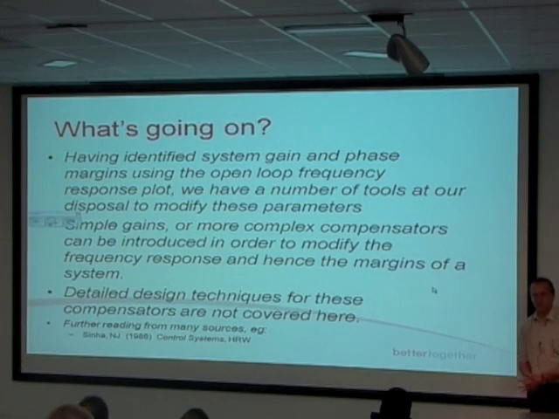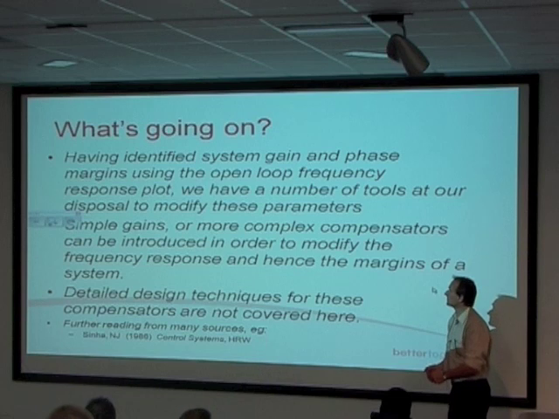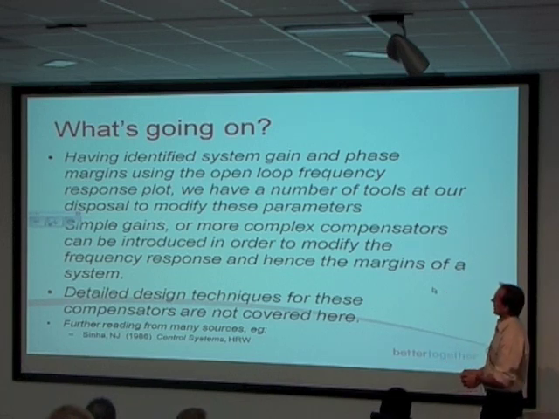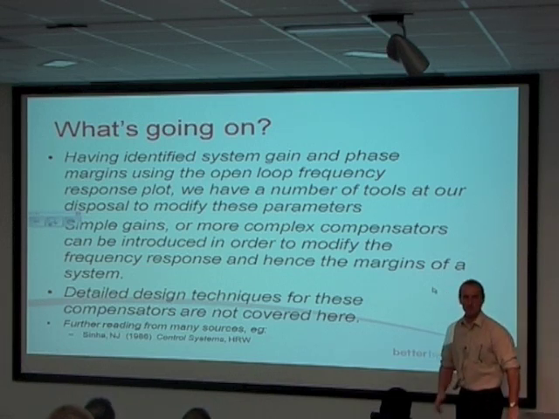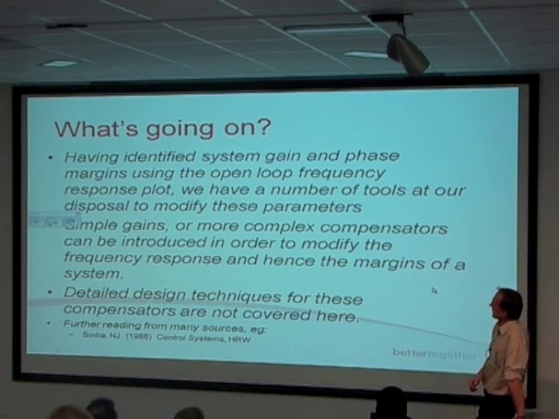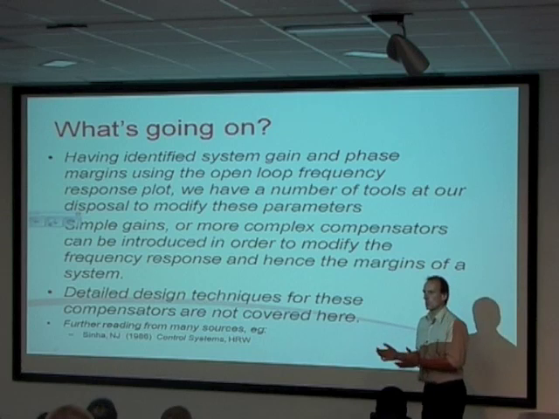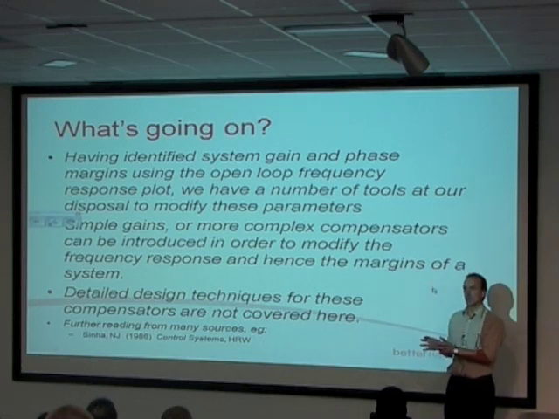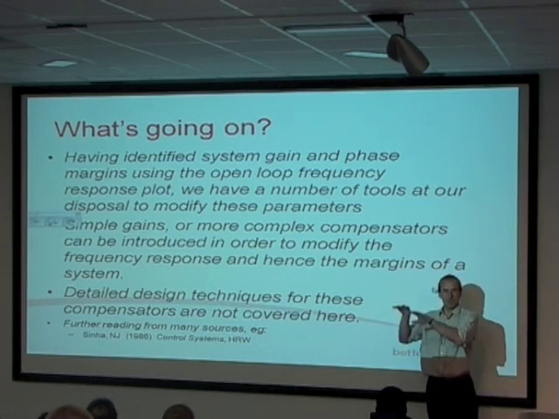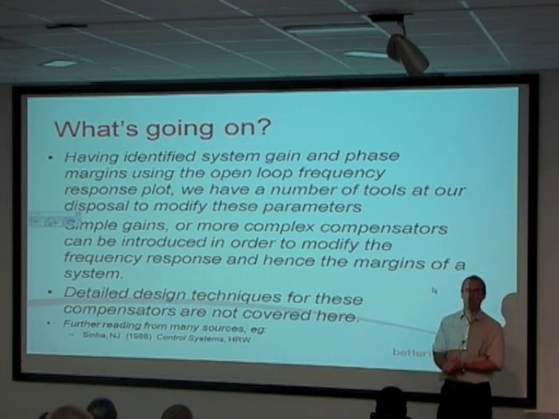So, what's going on? Having identified gain and phase margins, which by now you understand, using the open loop frequency response plot, we've got a number of tools at our disposal to modify those parameters. We can use a simple gain. Just putting a gain in there, we can move the amplitude plot up and down to suit ourselves.